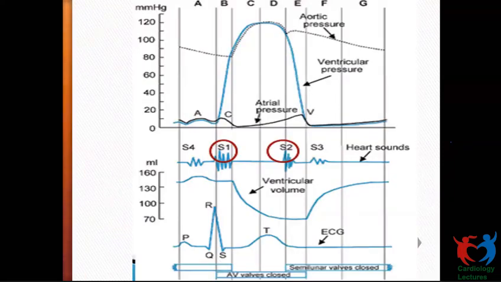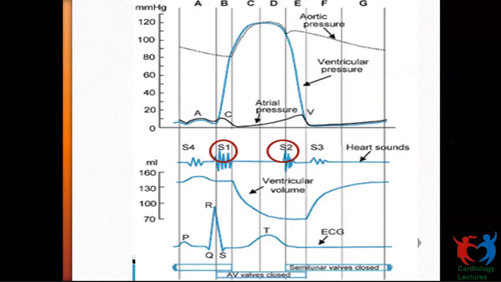Now, what is S2? All of us know, and we also understand there are two or three points we should remember. There has to be a pressure transition, and after a certain period of that pressure transition, the valve closes.